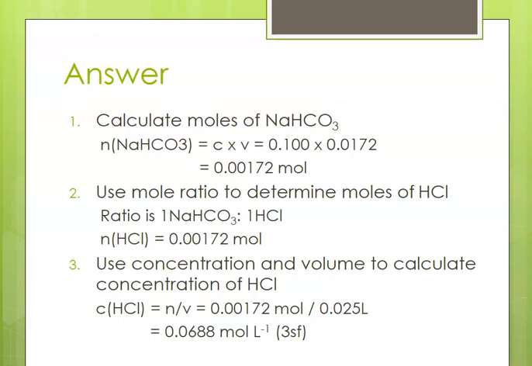So please don't make those mistakes. The process for calculating concentration from a titration is straightforward if you're very clear about what data you have, what data you're trying to find, and you lay out your working clearly. So this is the most important thing.